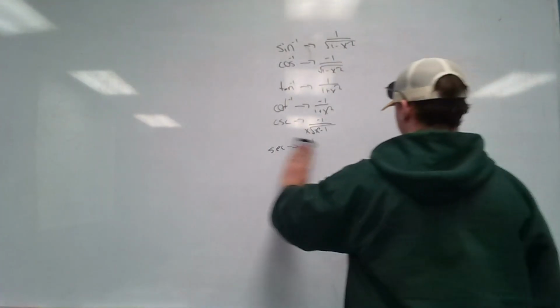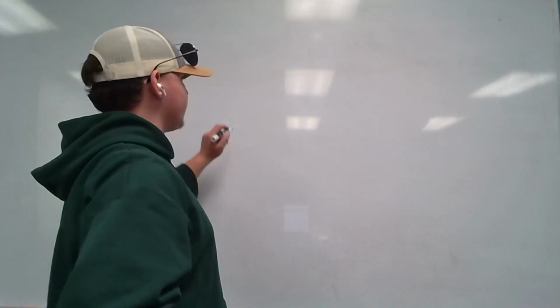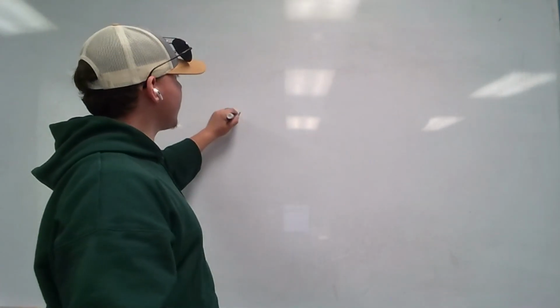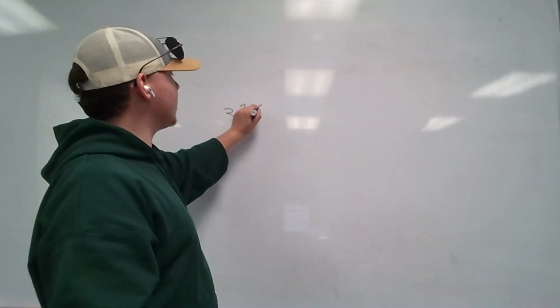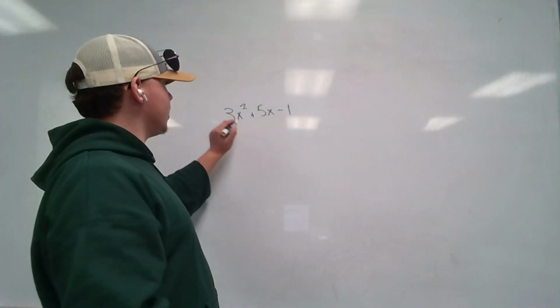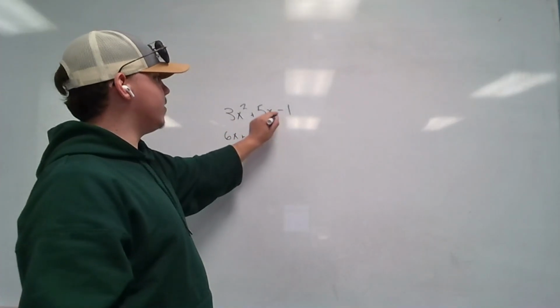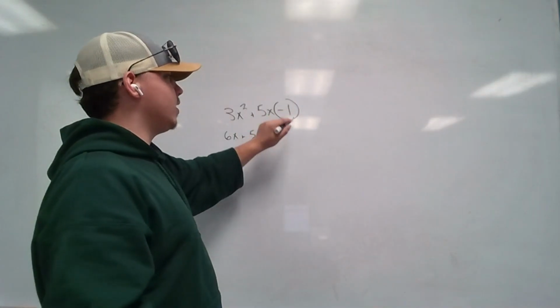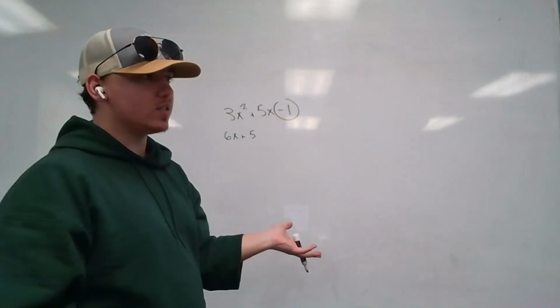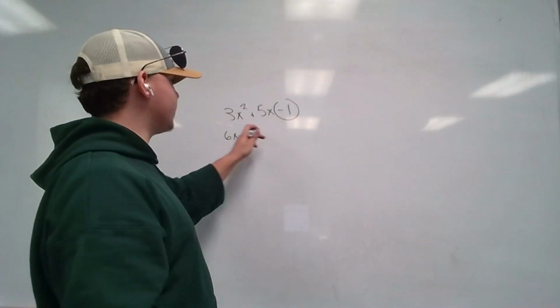Actually, maybe I should talk about the constant of integration first. So, I've been lying to you. This isn't actually all there is to antiderivatives. So you know in a derivative when you have, let's say, 3x squared plus 5x minus 1. When you take the derivative of this, we get 6x plus 5, and then this sad, lonely little 1 is deleted. It gets booted off into the shadow realm, and we never see it again, because we are now in derivative land.